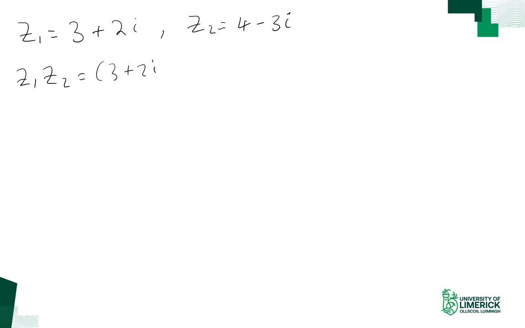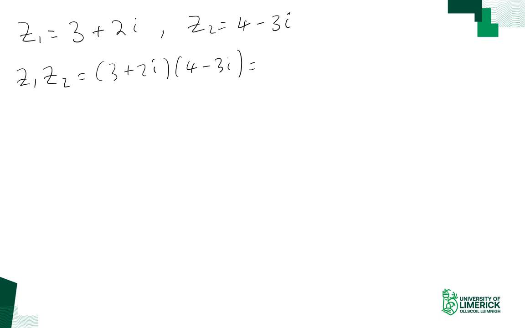An example: suppose we have z1 equal to 3 plus 2i, z2 equal to 4 minus 3i, and we want to multiply these two. z1 z2 will be equal to 3 plus 2i times 4 minus 3i.